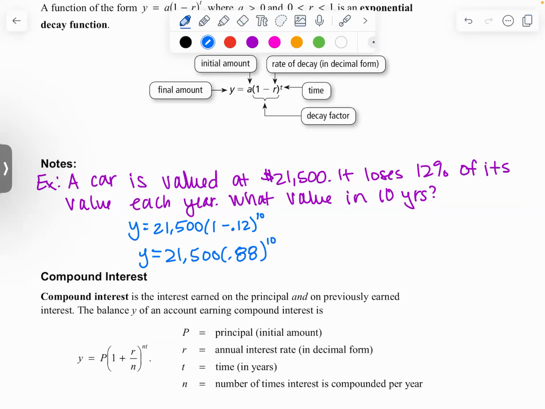Okay, so in your calculator, you're putting 0.88 to the 10th. And with that number in all of its long decimal glory, you're multiplying it by 21,500. DJ, what do you have?